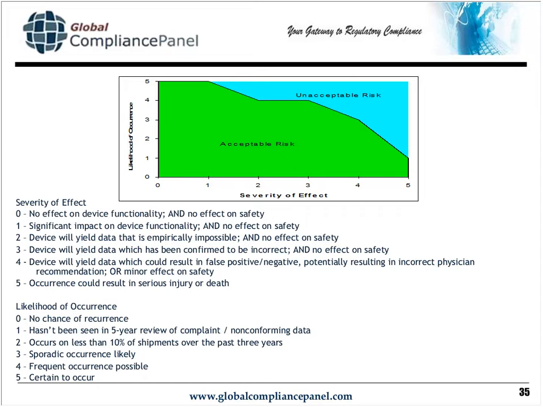Perhaps it's just cosmetic, and it has no chance of recurrence. In my experience, that's usually difficult to conclude. But on the other hand, if you have an occurrence that could result in serious injury or death that is certain to occur, you're going to have to take some field action in your risk evaluation for this nonconformance.